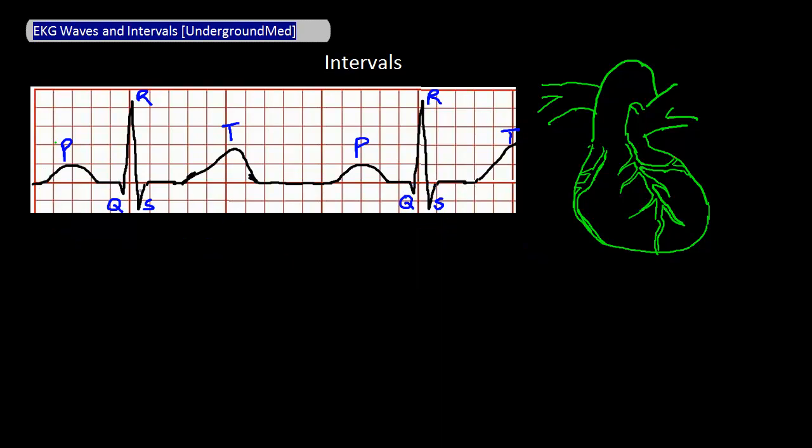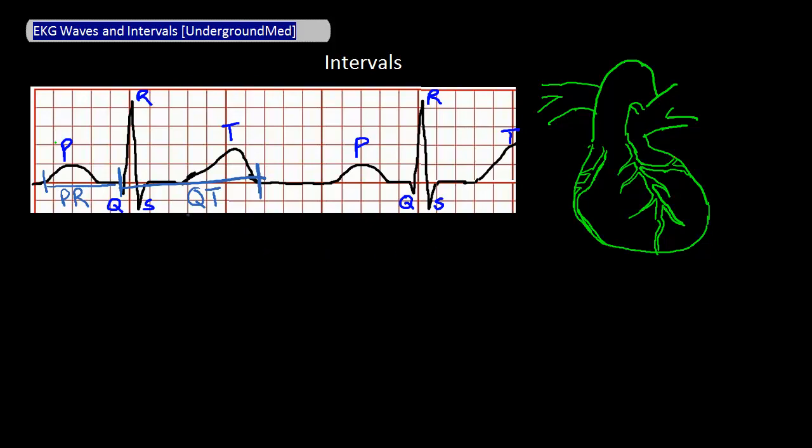The final interval is the QT interval, which is measured from the beginning of the Q wave till the end of the T wave. This can actually be confusing, because remember the PR interval is measured from the beginning of the P to the beginning of the QRS. So there's not a uniform way in which intervals are defined.